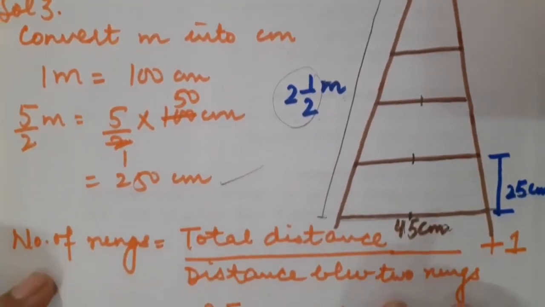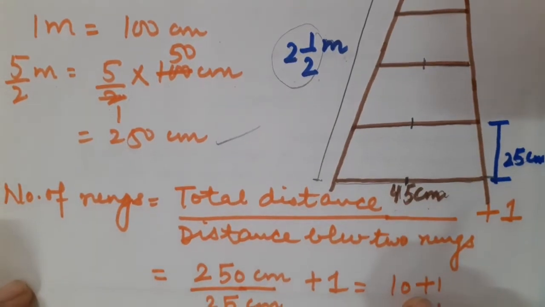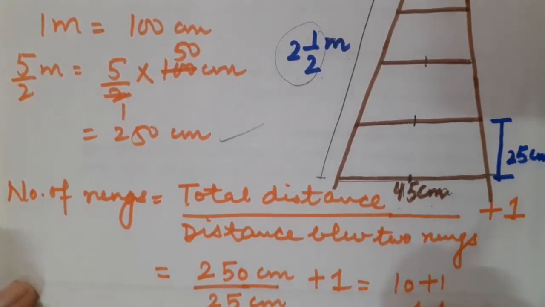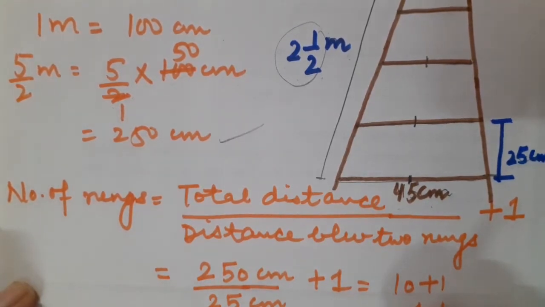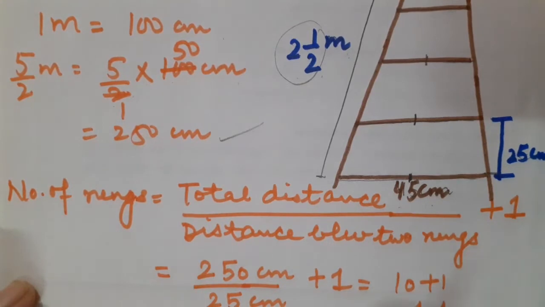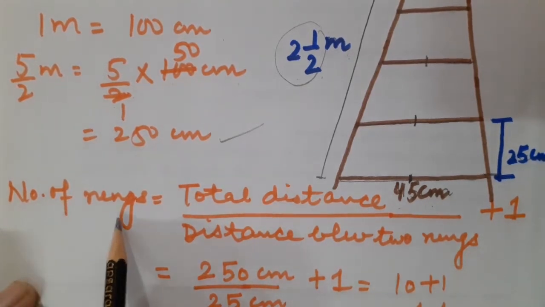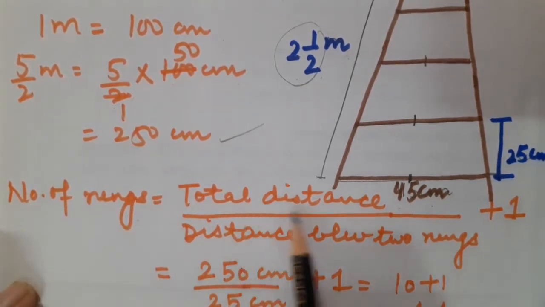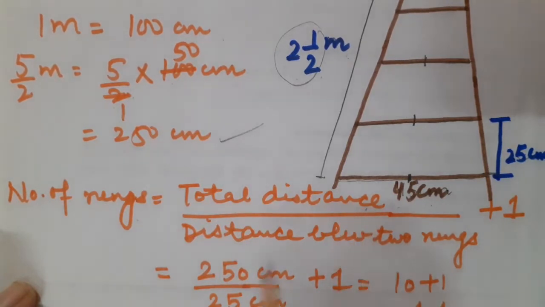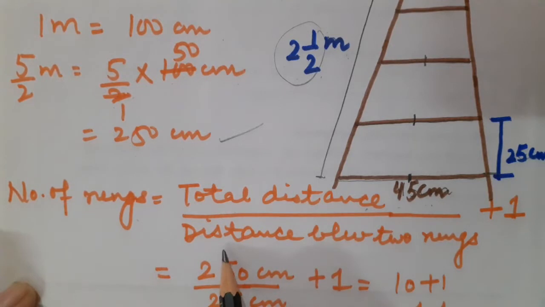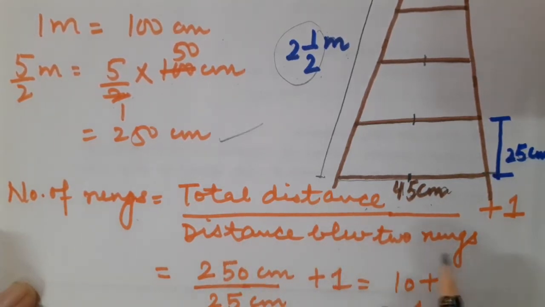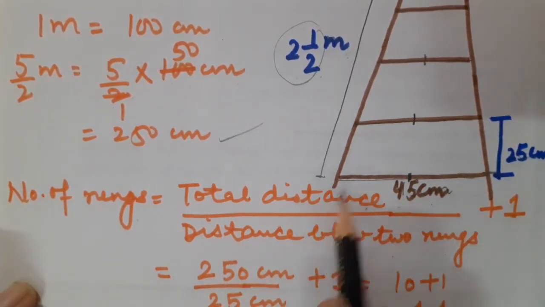Fine, children? As I told you, if I know the number of rungs, then definitely I will be able to know the length of the wood required to form these rungs. So the formula to calculate the number of rungs is the total distance among all the rungs divided by the distance between two consecutive rungs.